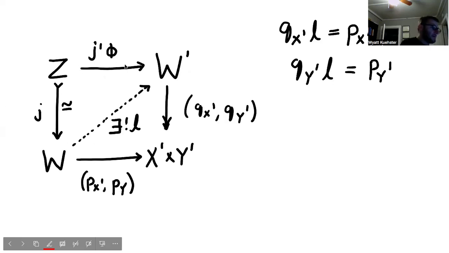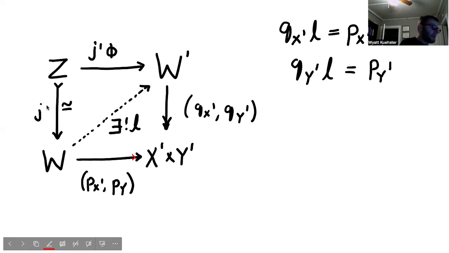And then on this side, I have the fibration from W prime to X prime cross Y prime. And on this side, I have this other fibration. Okay, and then the map from Z to W is a cofibration. This square commutes.